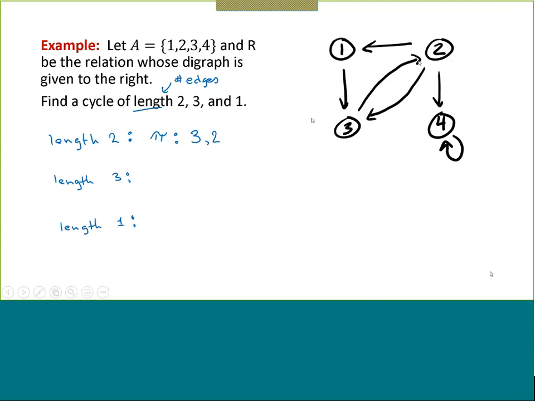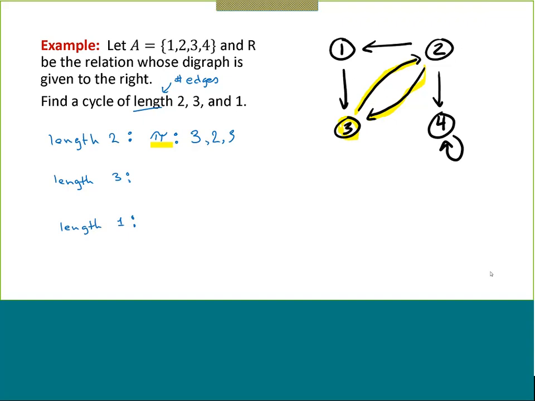So to get us to a cycle of length 2, we need to come back to 3. And that would be a length 2 cycle. Notice, we started at 3, went to 2, came back to 3. So that's this guy.